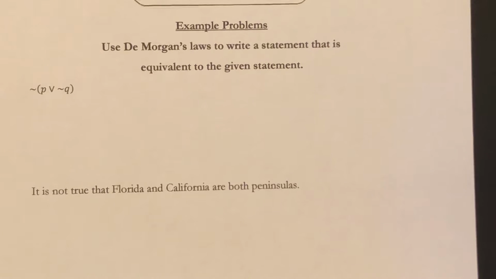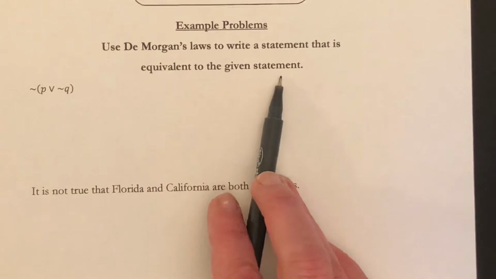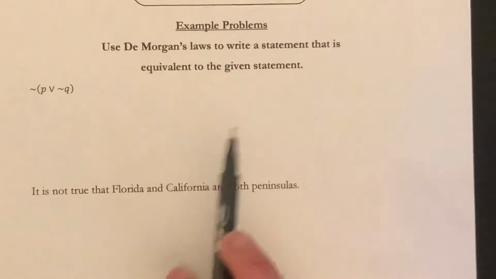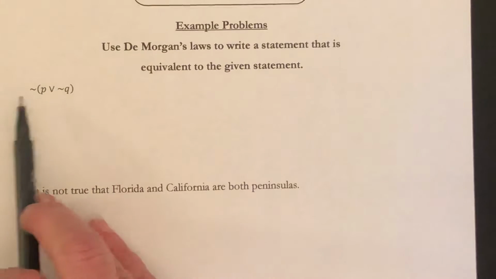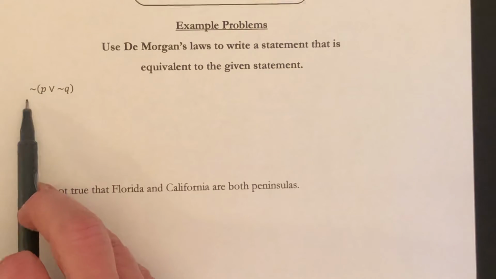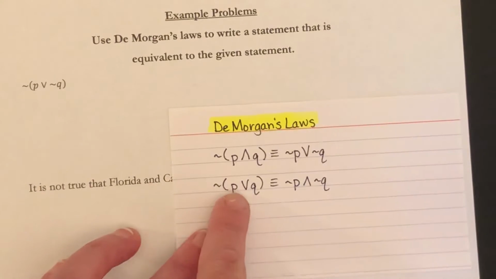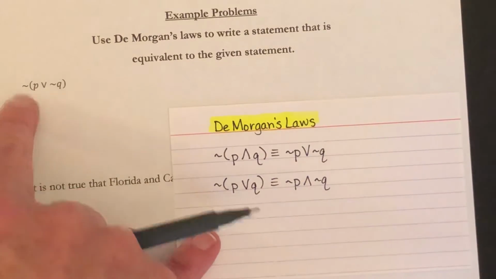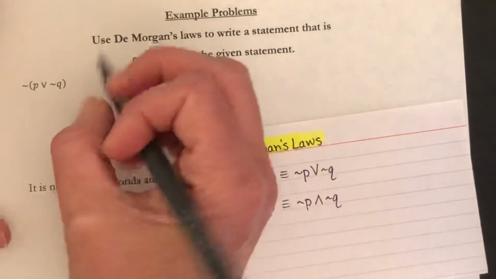Okay, so let's work a couple of problems where they want us to write a statement that is equivalent to the given statement. We know we're going to use De Morgan's law because the directions say so. I have an "or" between two statements with a negation in front. So I'm going to take the not and put it on each one and flip the sign.